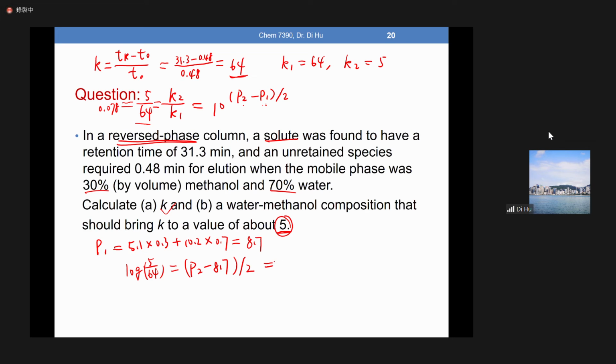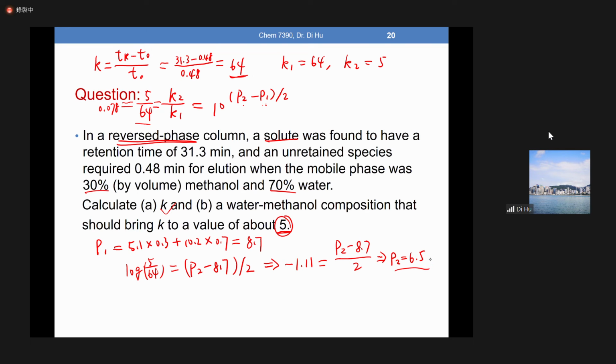Then I got minus 1.11 equals P2 minus 8.7 divided by 2. So that is minus 2.22, and 8.7 minus 2.22 will be P2. So P2 equals 6.5. I just rounded to one significant figure.